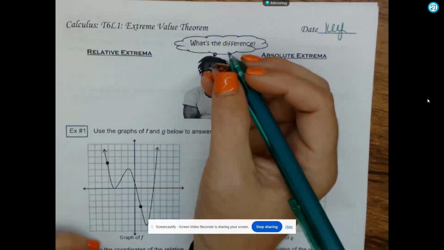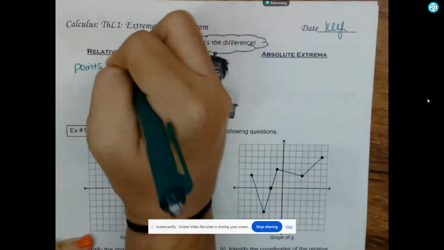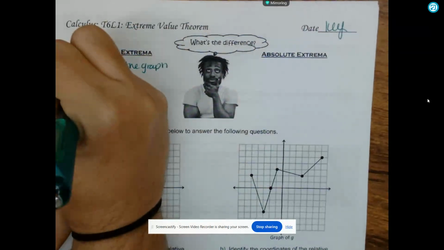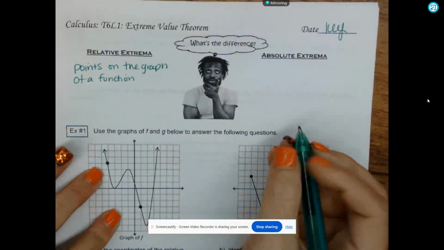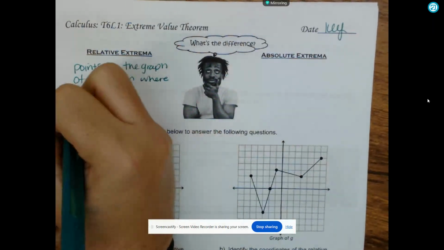So these are the points on the graph of a function where it changes from what?